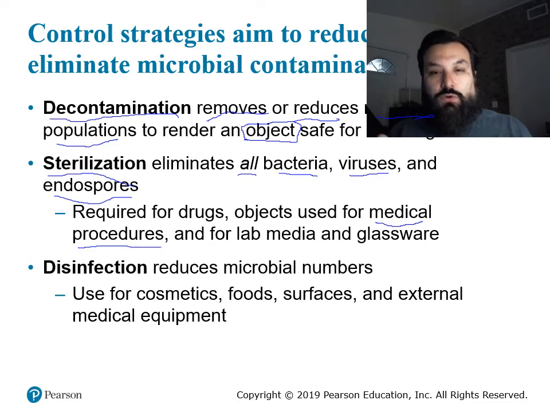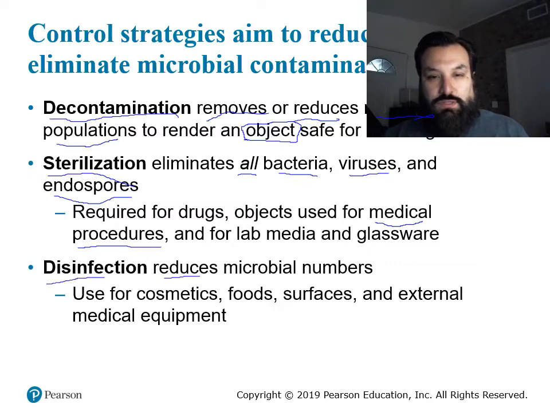And so you eliminate everything from that particular environment. For example, when we sterilize test tubes, petri dishes, the media that we make, we're removing every single bacteria, virus, and endospore in a certain process that does that. Sterilization.